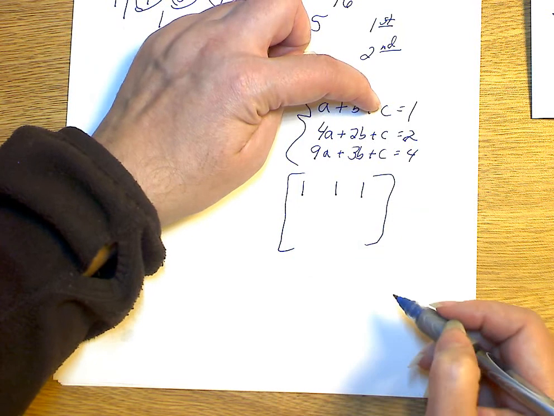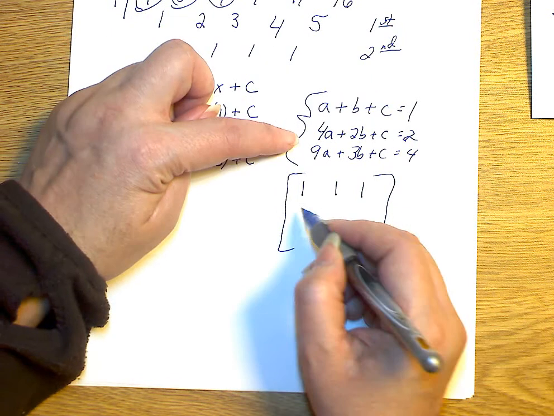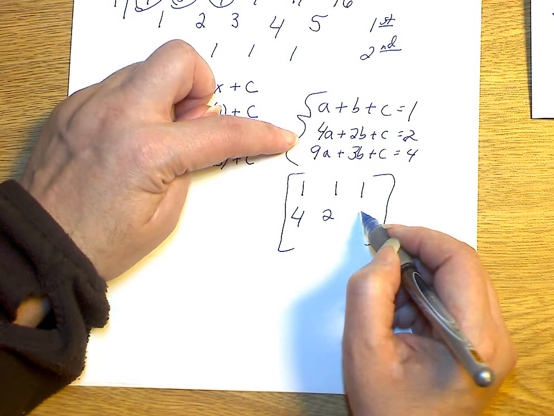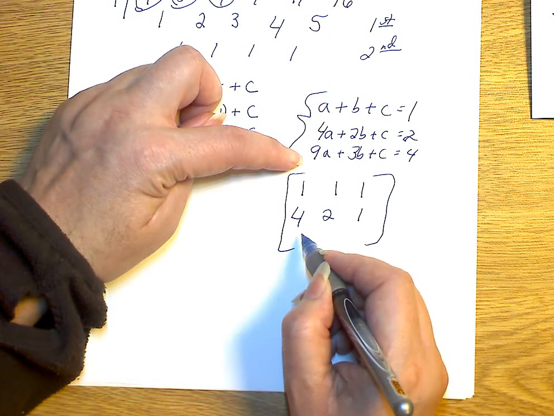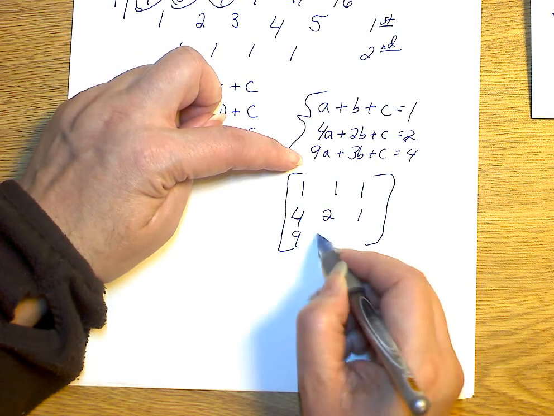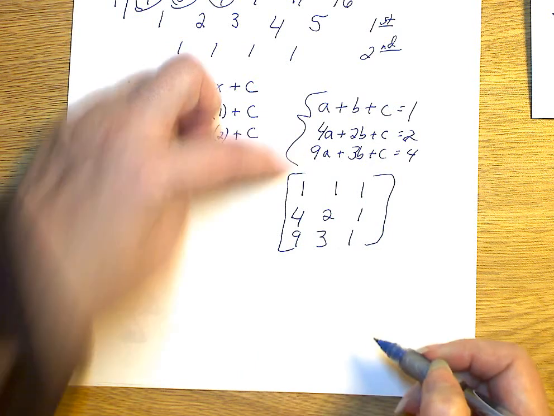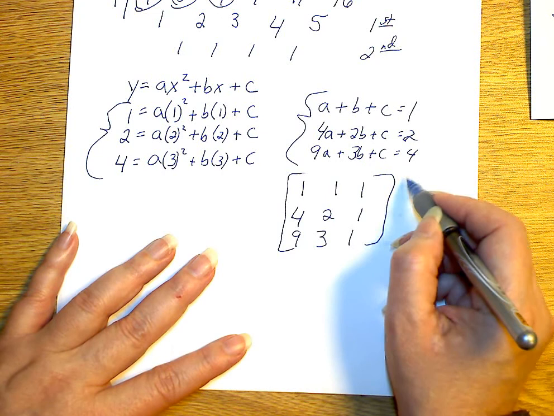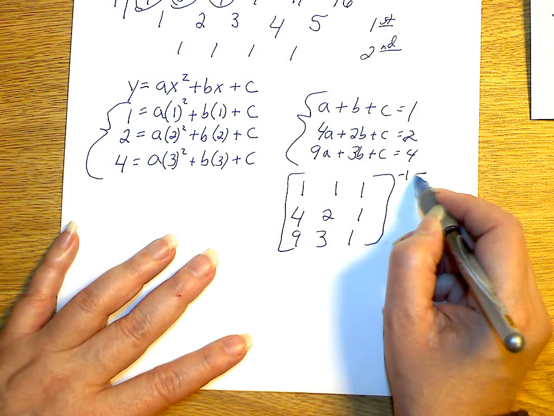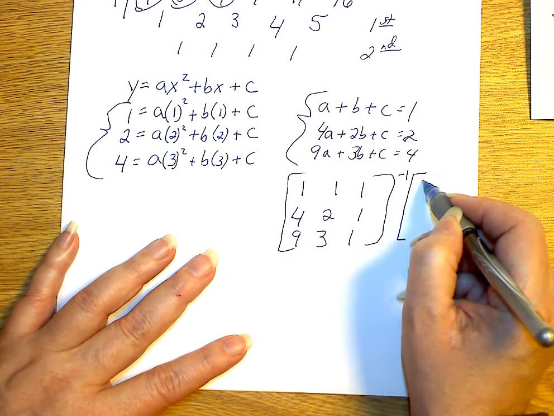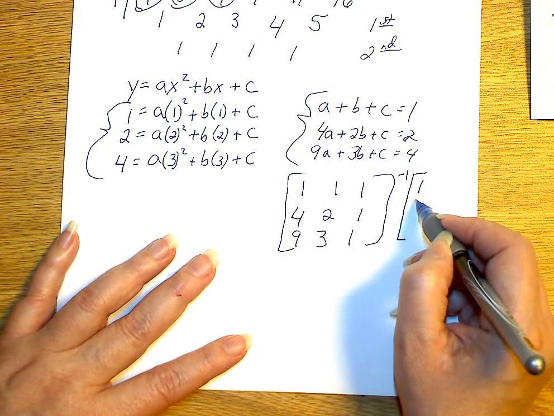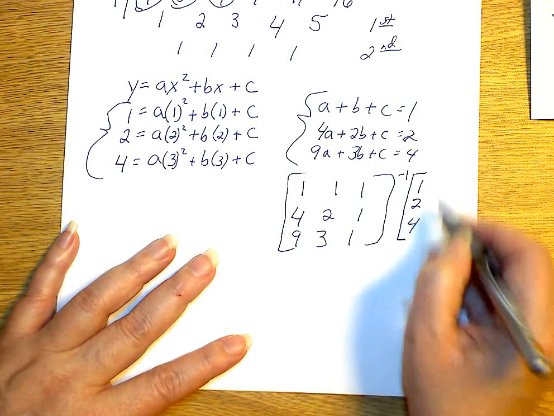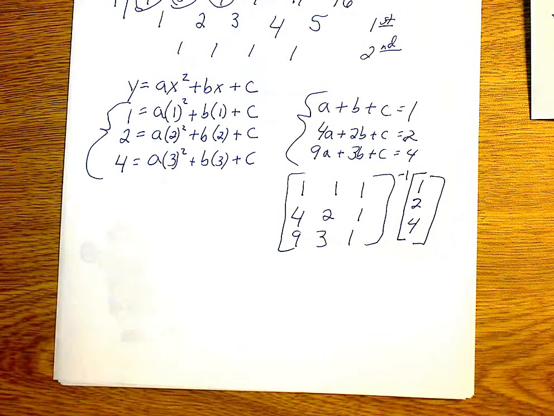What's my next line? 4, 2, 1. What's my last line? 9, 3, 1. Do you remember what has to go up here? The inverse. And then you multiply it by the answers, and that's why I moved the answers over so we can see them. So it's 1, 2, and 4. I want you to put that into your graphing calculator.